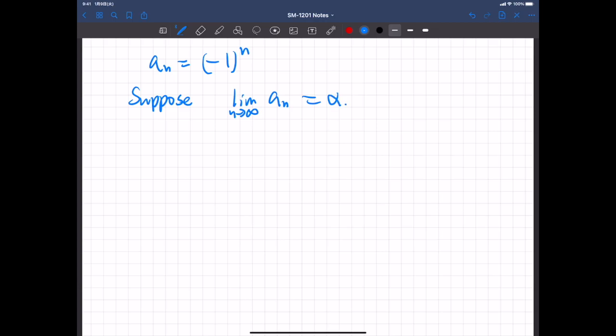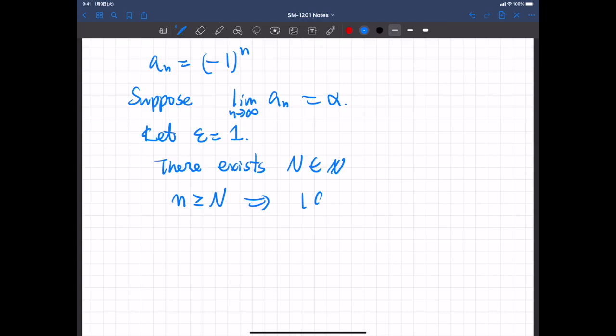Then let epsilon be equal to 1. There exists a natural number N such that if n is greater than N, then |an minus alpha| is less than 1.